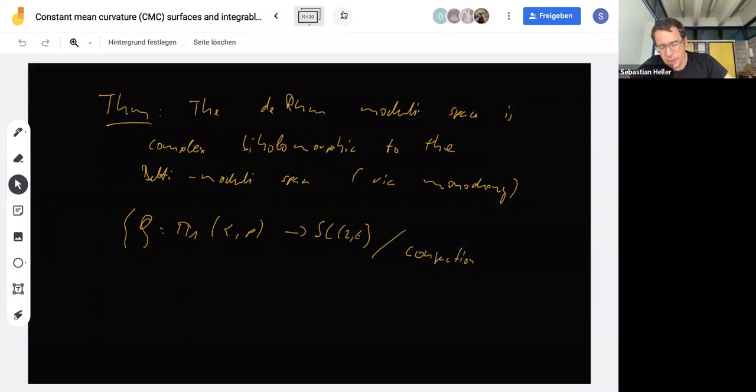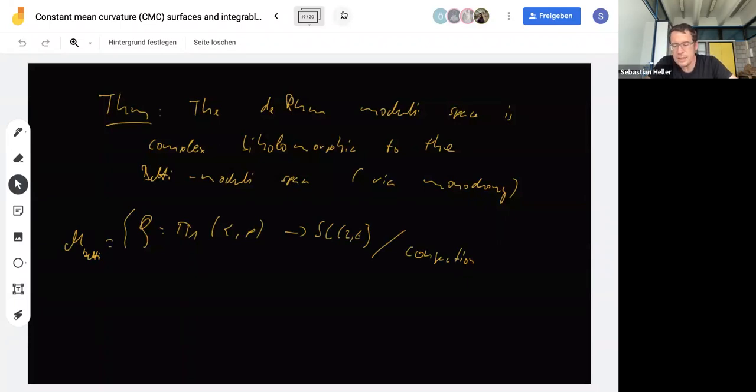If you do the computation, you see that the dimension of this Betti moduli space, at least at the smooth points, is again 6G minus 6.